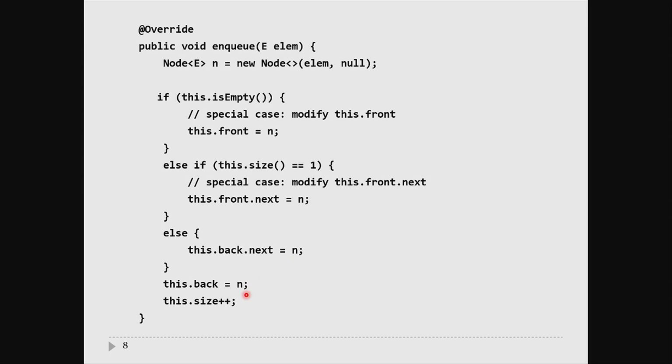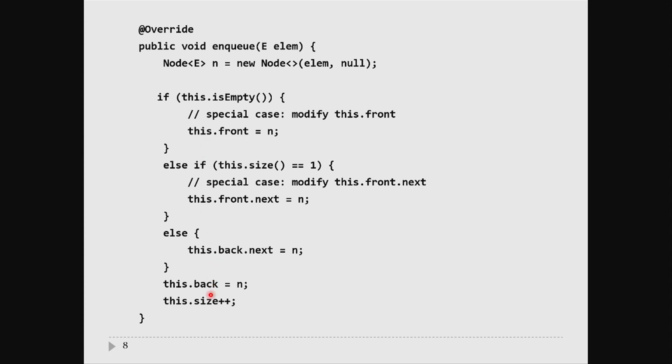Now, the problem is we're keeping track of a second piece of information. We've got the front of the queue as well that I need to keep track of, and that's why you have these two special cases. If the queue is empty, remember, the front and back fields are both null in an empty queue. As soon as you add something, you have to update the front field, because now the front of the queue points to that one element you just added.